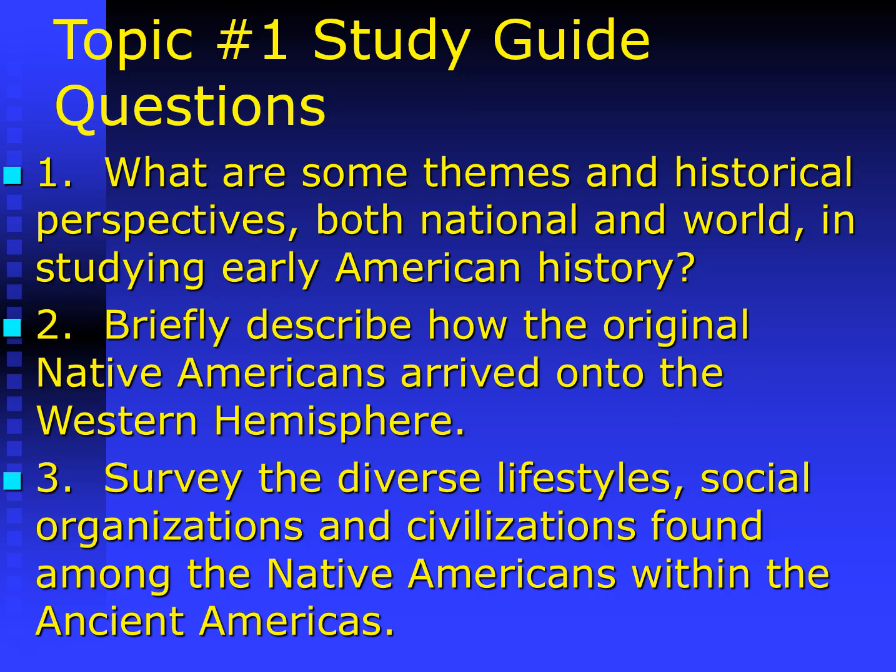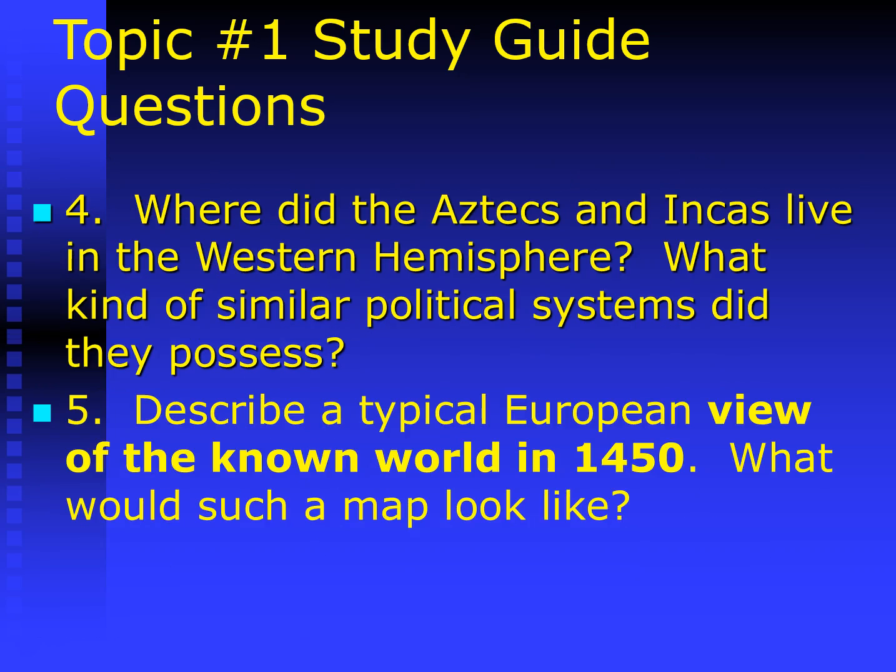Then for number 3, in a combination of a slide with several bullet points and with pictures, we'll briefly survey the diverse lifestyles, social organizations, and civilizations found among the Native Americans within the ancient Americas. So a nice way of looking at how different Native Americans lived, what their lifestyles were like. That's just going to be a basic overview for question number 3.